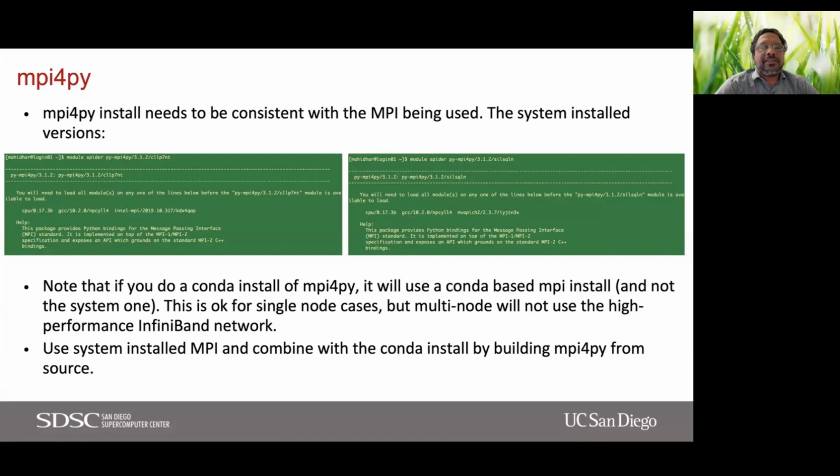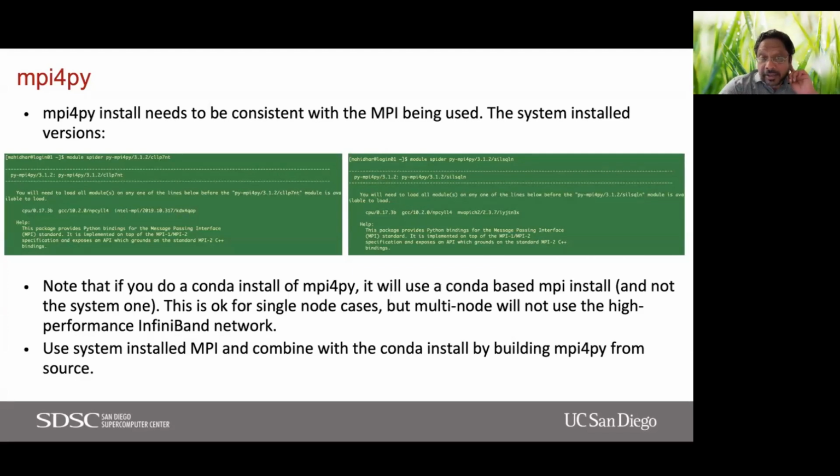Remember, if you use these, then you have to make sure that all the packages you need are under our system install modules. If you don't, then you will probably end up doing a conda install. But if you just do a conda install of mpi4py, it will do the conda-based MPI install directly, so it will not use the system MPI.